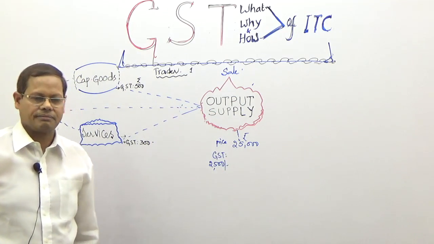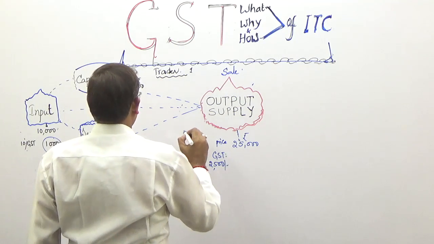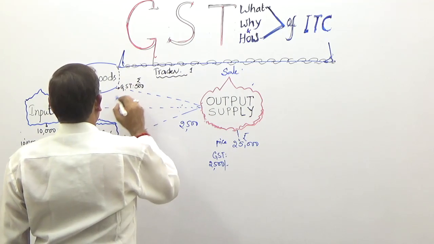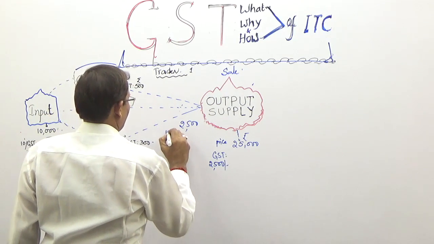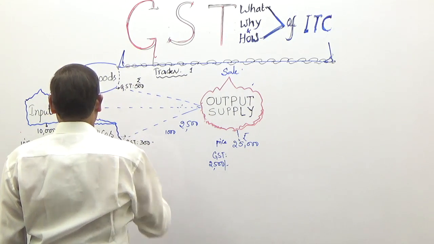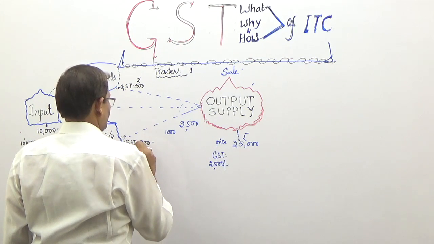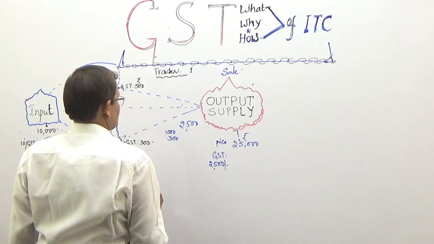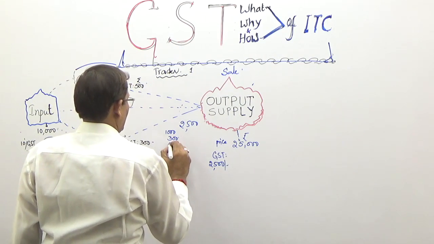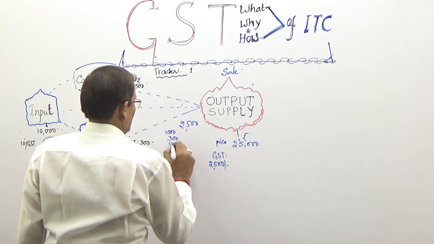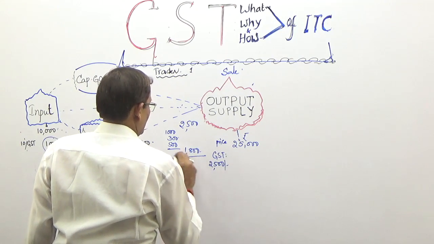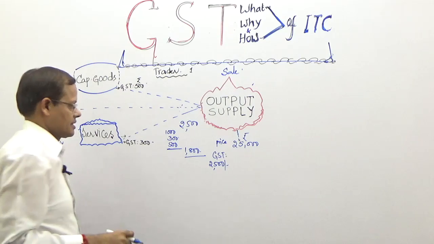So 2,500 is set off by 1,000 input tax on input, that is GST on input, and 300 on services and 500 on capital goods. Put together, 1,800 is the input tax credit.